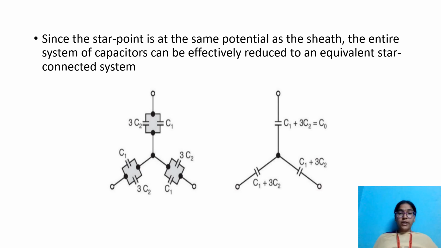See, the star point is at the same potential as the sheath, and the entire capacitor network can be effectively reduced into an equivalent star. The delta connected system is equivalently reduced to the equivalent star connected system.